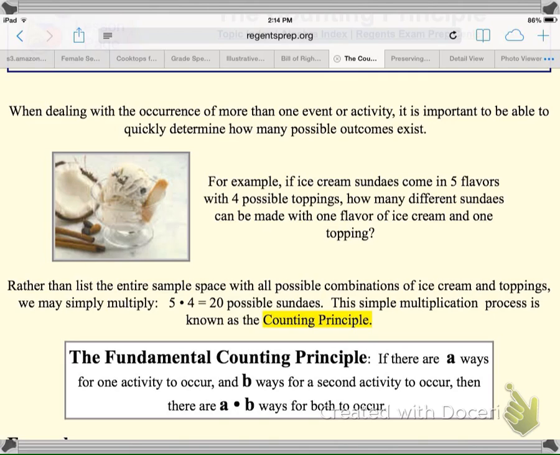Well, you could have vanilla ice cream with coconut shavings, and you could have chocolate ice cream with coconut shavings, and you could have sherbet with coconut shavings, and you could have cookie dough with coconut shavings, and now we have 4.